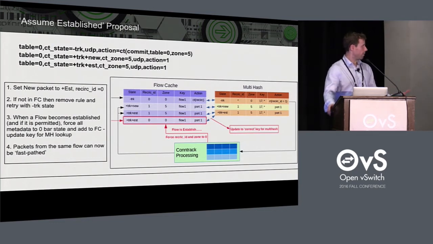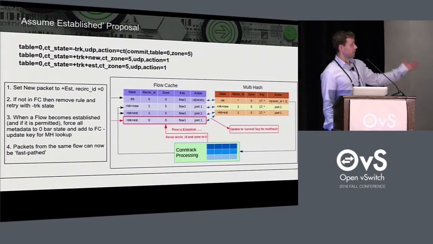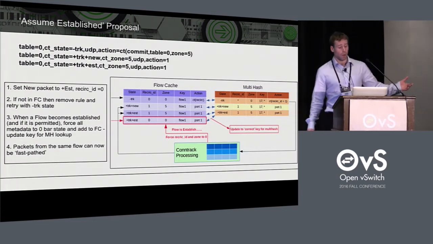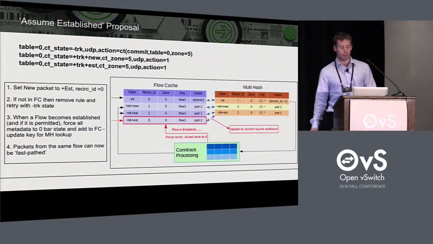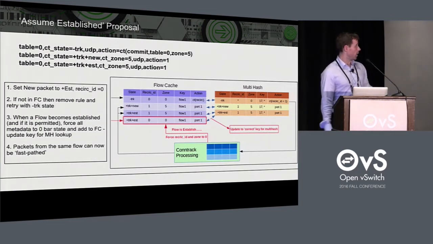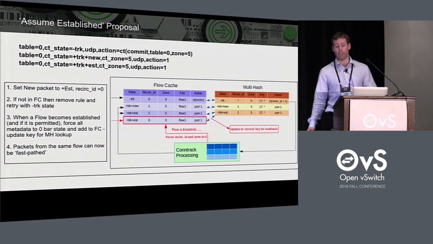So we do try and be careful with that, but the idea is that the Conntrack processor here will determine that we've moved to an established state, and we'll try and add this new entry into the flow cache on the recirculation. So this new entry basically has an established state, and all of the other Conntrack metadata set to 0. More importantly, probably the recirculation ID.